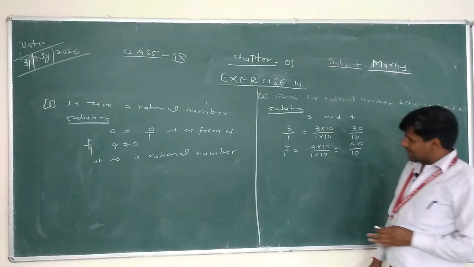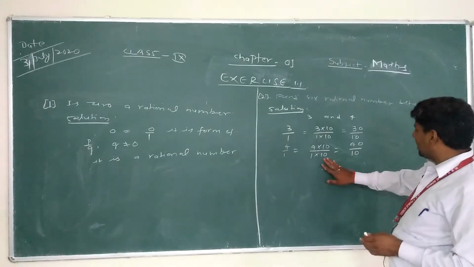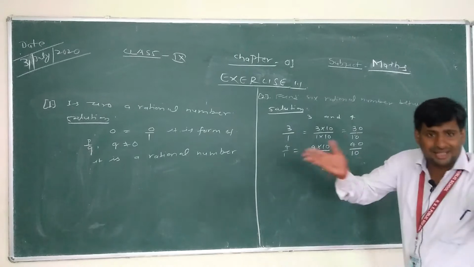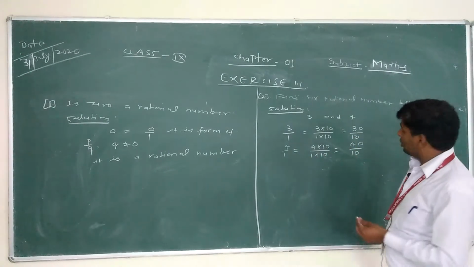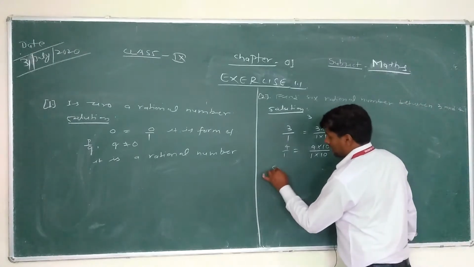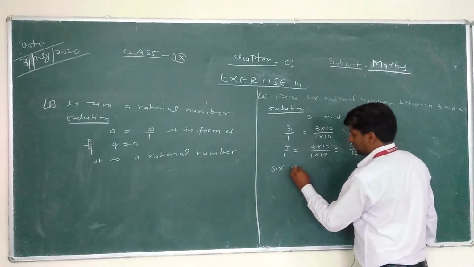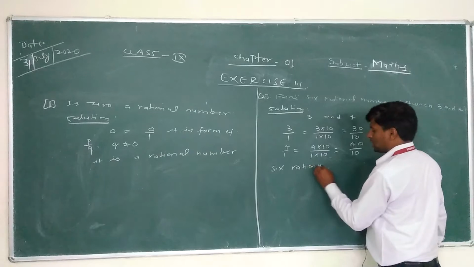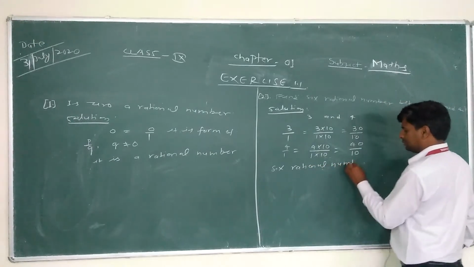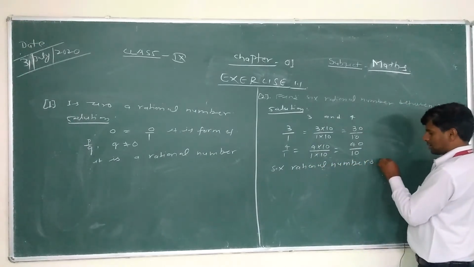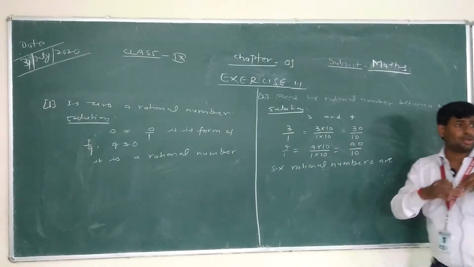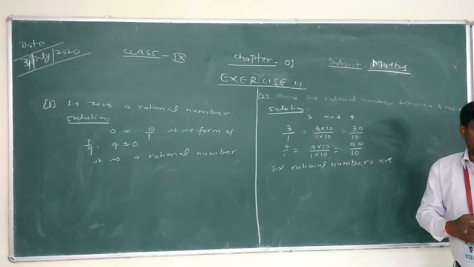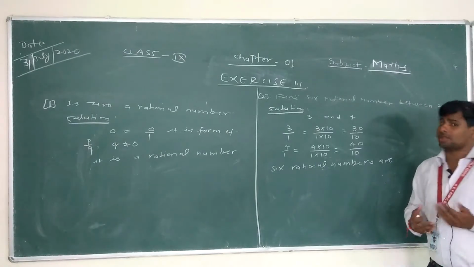So students of class 9, you can see that their denominators are the same, that is 10 and 10, and the numerators are different. So you can write here 6 rational numbers. Now which numbers will they be? Between 30 and 40 the numbers are 31, 32, 33, 34, also 39.